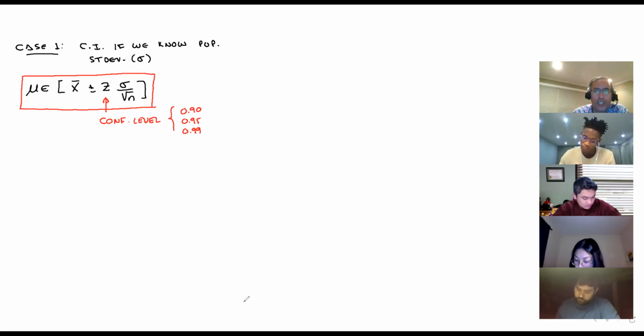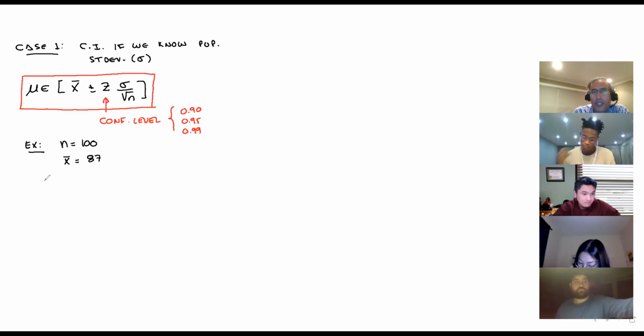In order to understand, let's do one example. You're going to see how easy this works. For example, let's assume that I have a sample of 100 individuals. Let's assume that the sample grade equals 87. Let's assume that sigma, so this is an assumption, equals 5.